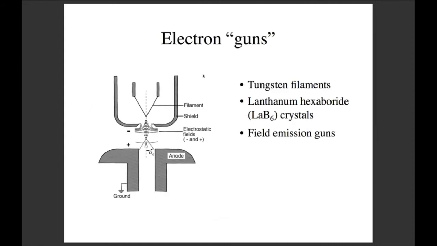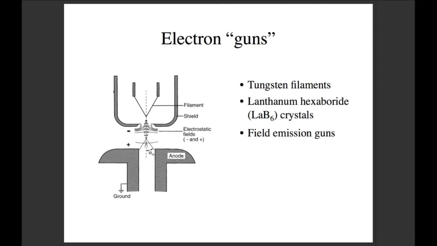So this cartoon is a schematic of the top part of an electron microscope, which is our electron gun. At the top here we have our filament, which is usually some pointed, bent wire or some sharpened crystal, where electrons are just sitting up here being excited. What pulls them down are a series of different things.